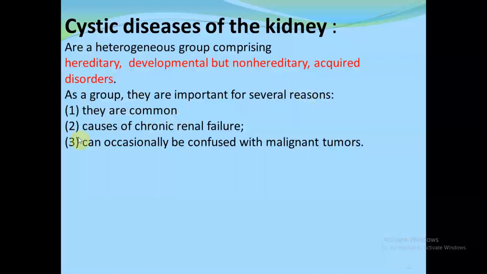They can cause chronic renal failure and important clinical problems. They can occasionally be confused with malignant tumors. Radiologically, commonly the radiologist describes that there is a mass, and it might be confused with malignant tumor.